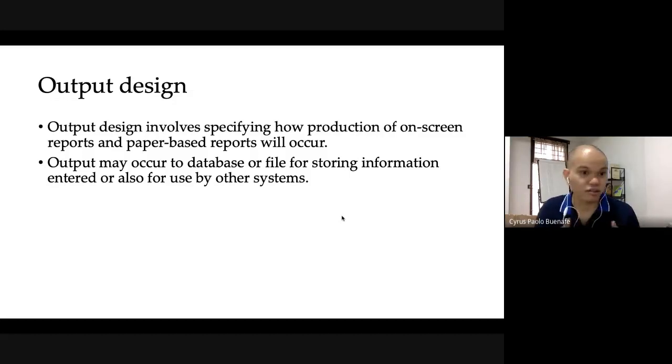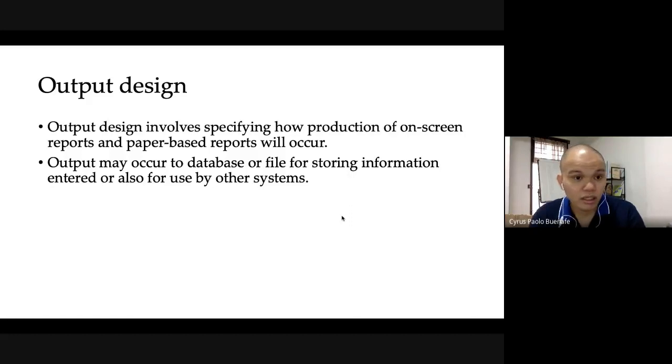Otherwise, if the user is not involved, then there's really no UI or UX needed. So output design also overlaps with UI design, only at the level wherein the user is expected to participate. If your expected output is simply sending a file to another system and that other system will automatically process it, then that's not part of UI design.